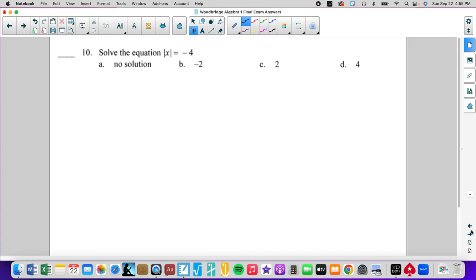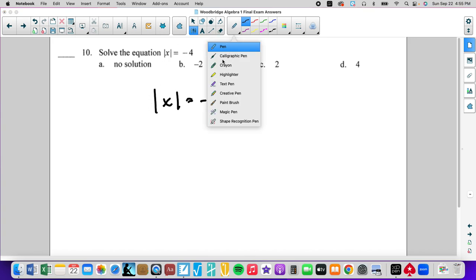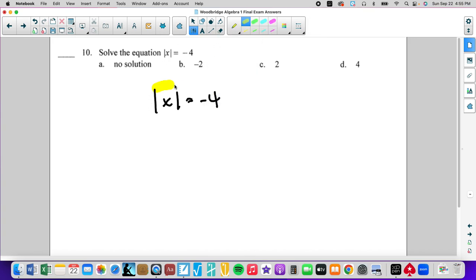Solve the equation, the absolute value. So we know that absolute values measure distance, and there is no value that is going to come out of here. No matter what we plug in for x, negative numbers, positive numbers, whatever, nothing is going to pop out of here, because absolute value wants distance.